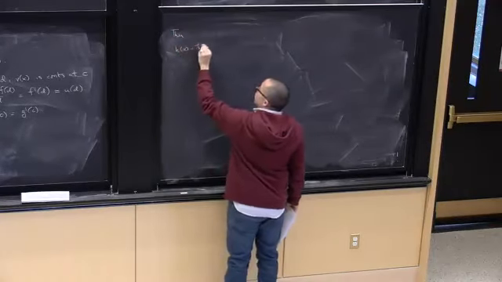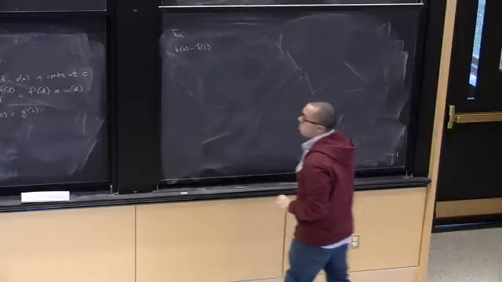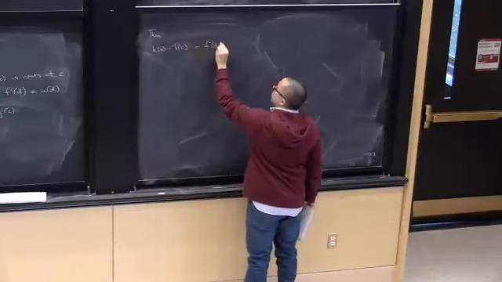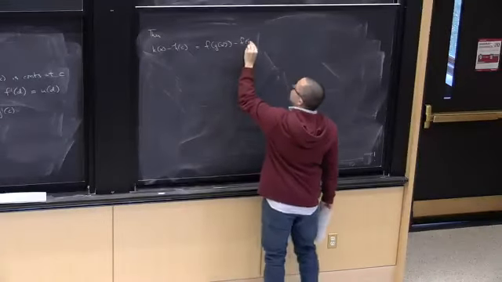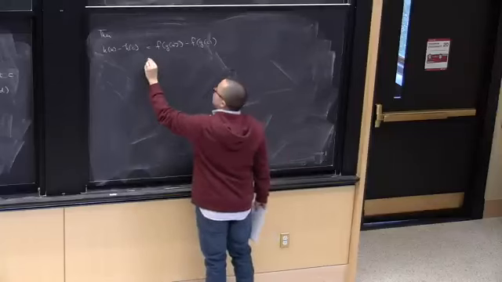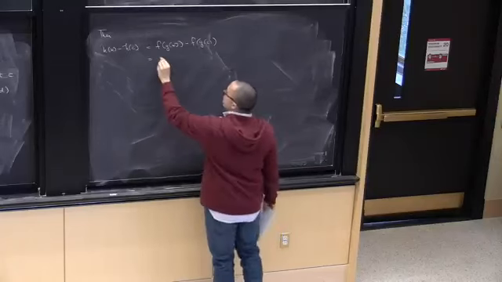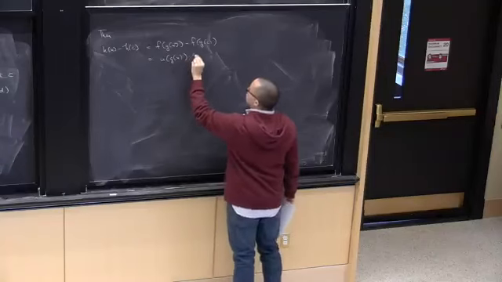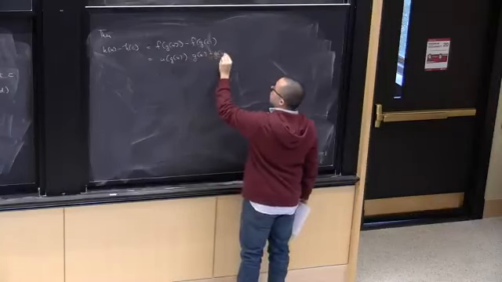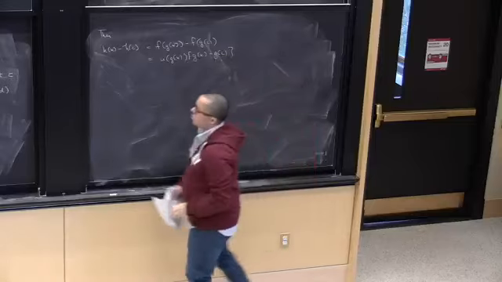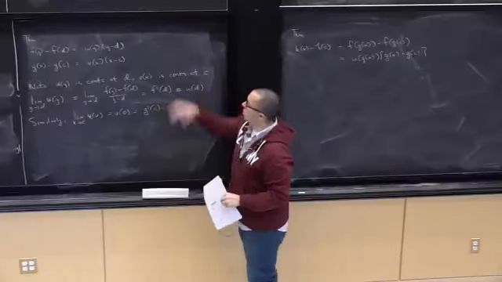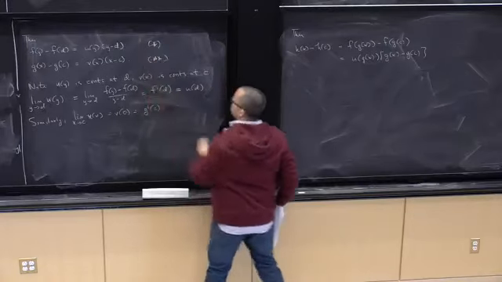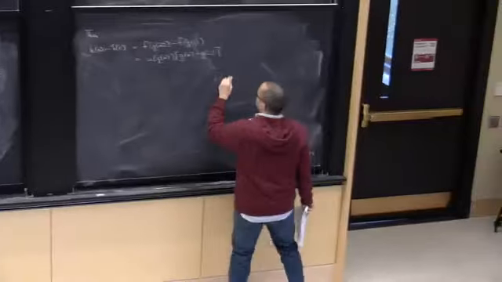So then h of x minus h of c. This is equal to f of g of x minus f of g of c. And this is equal to u of g of x times g of x minus g of c. This is from this relation here. So I'll call this one star. This one double star. So this is by star.